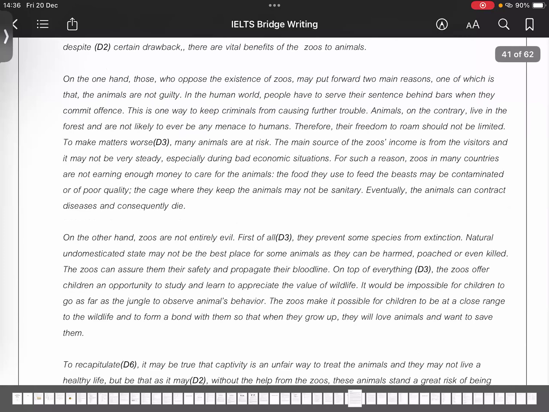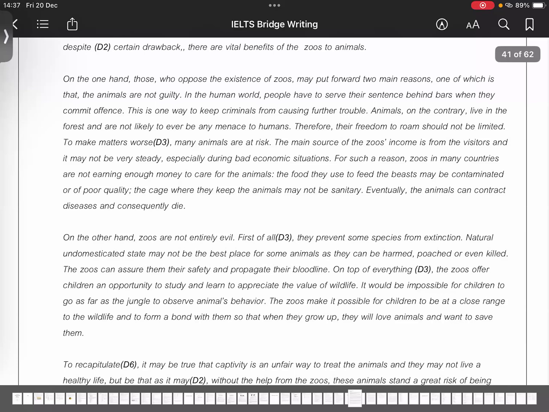So this statement tells you that, while it's true that zoos have their own shortcomings, it is not entirely bad, right? It has some benefits. So we're going to look at the second half of this statement, the vital benefits.